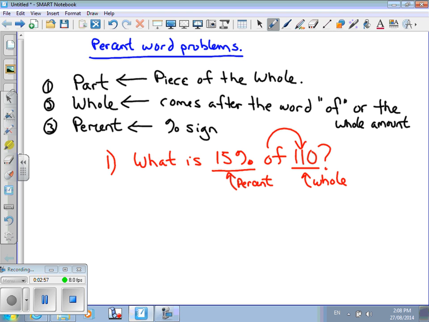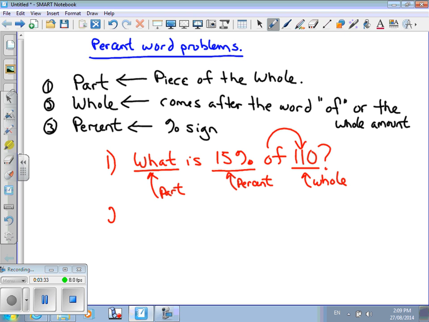And the thing that is missing, because we've been given the percent and the whole, is the part. That's the what of the question. We're looking for the piece of 110 that would be 15%. The part is the piece of the whole. The whole is the whole thing, in this case 110, and the percent is the thing that comes with a percentage sign, and in this example it's 15.